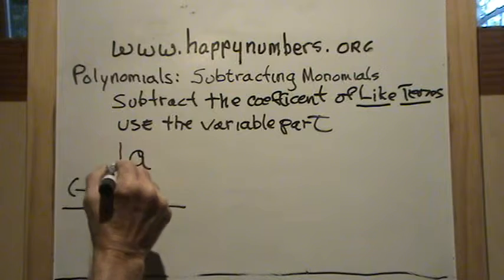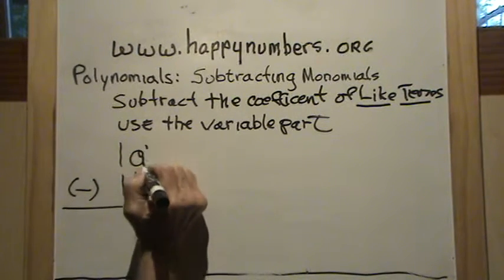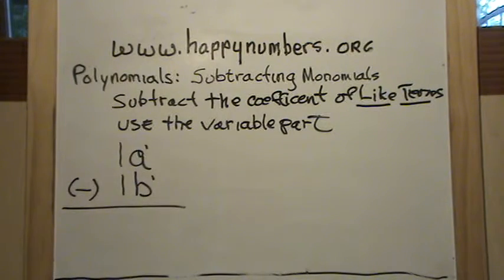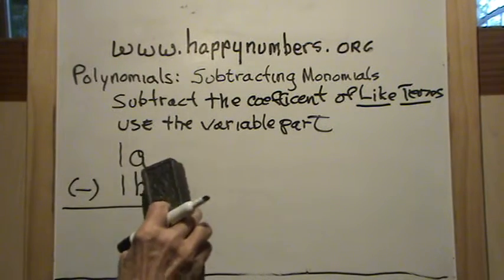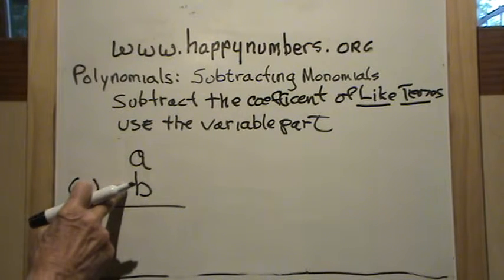Remember, there is a 1 and a 1 here. We don't write it. And there is an exponent here too, a 1 and a 1, but we don't write those. So we know this is 1a minus 1b.